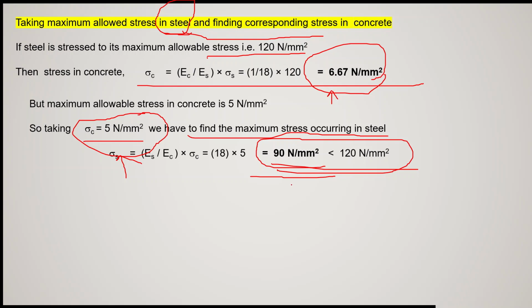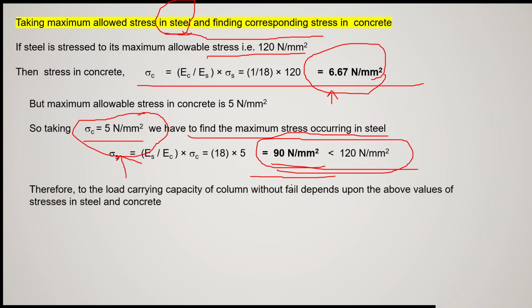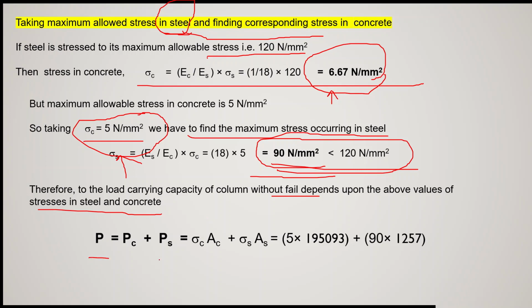So from these two types of stresses which a section can take, we will find out the load carrying capacity of the section. Therefore, finding the load carrying capacity of the column without failure depends on the above values of stress in steel and concrete. By using the formula, P is the total load carrying capacity of the column, PC is the load carried by concrete without failure, and PS is the load carried by steel without failure.